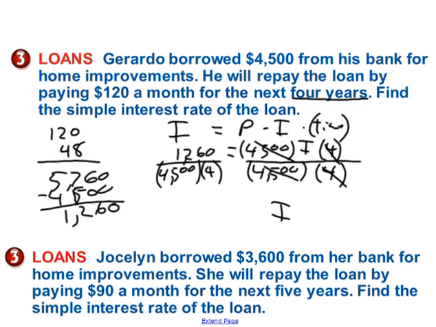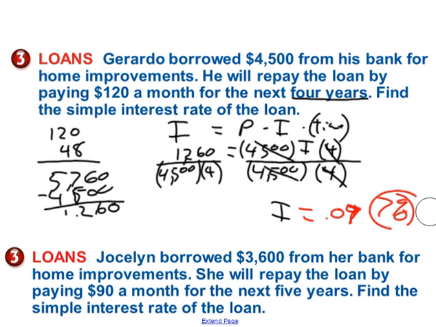I'm going to take 1,260 divided by 4,500. That comes out to be 0.28, and then I need to divide again by 4 years, and it comes out to be 0.07 in decimal form, or 7% interest. Similar problem here.